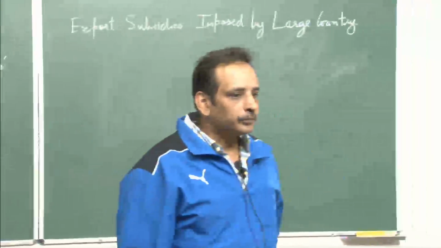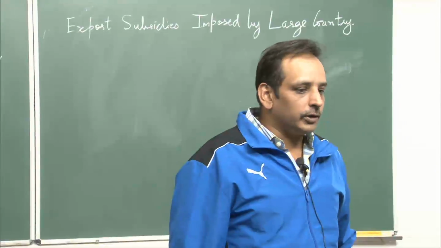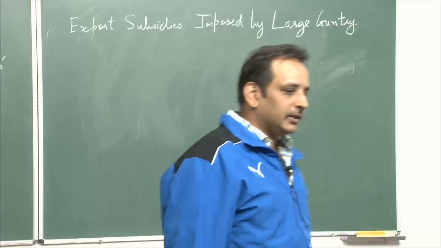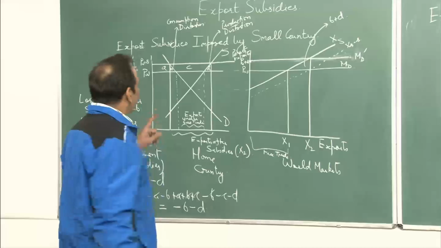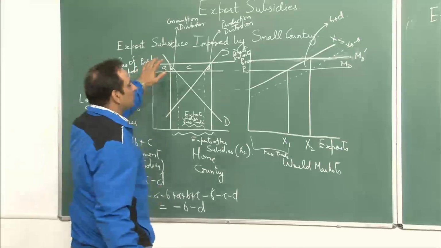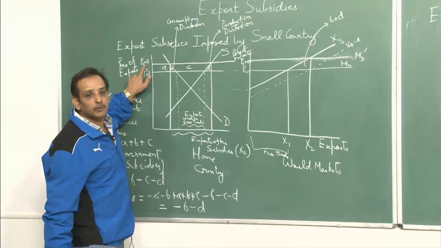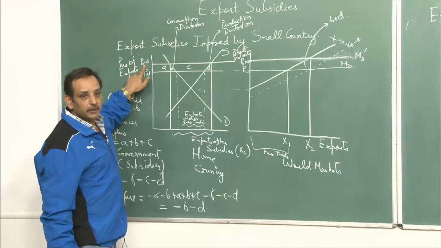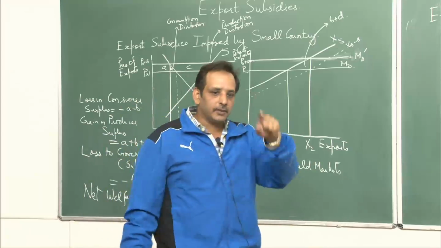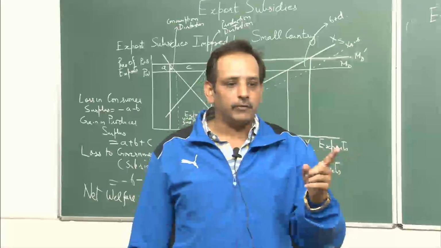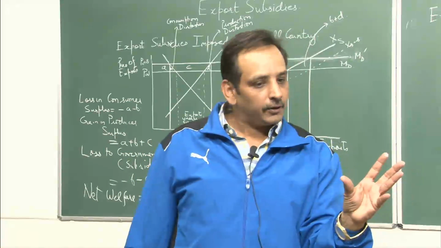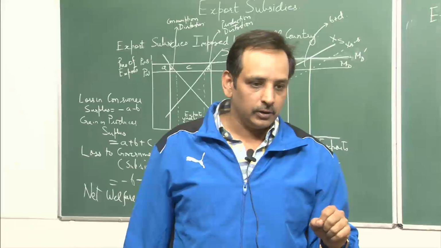Yes, that also depresses the world prices, but the difference is, remember when you have the export subsidies, the domestic producers also charge a price which is PW plus S. The reason being that if they had charged a price lower than this, then there would be only one set of people, only exporters, right?